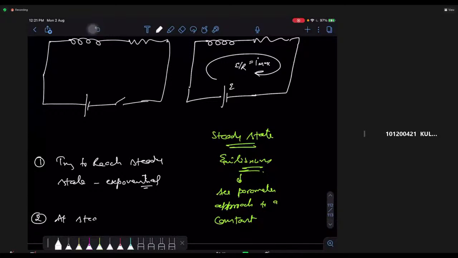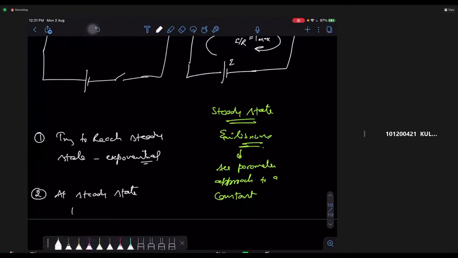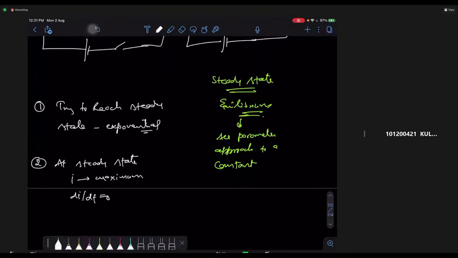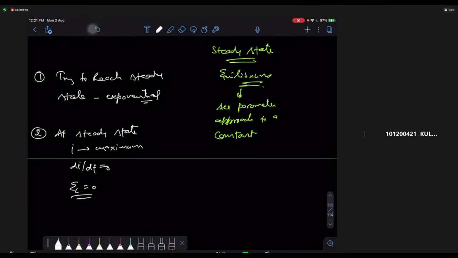So at steady state, current reaches its maximum growth. So di by dt is 0. When I reach the maximum growth, di by dt is 0. So I can say that the inductor drops 0 potential, like a plain wire.